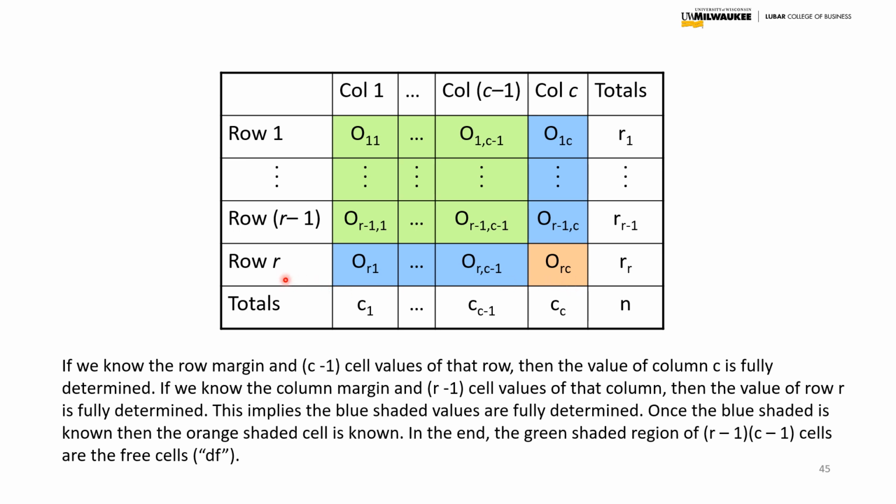Whether you want to look at it from the row perspective or the column perspective, this is restricted. The only cells that are unrestricted are in green here, and there's r minus 1 rows and c minus 1 columns, so the number of unrestricted cells is r minus 1 times c minus 1.